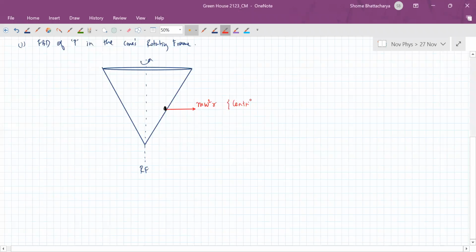Yes, very good. So small r over here is the perpendicular distance from this axis, which is this. Okay.